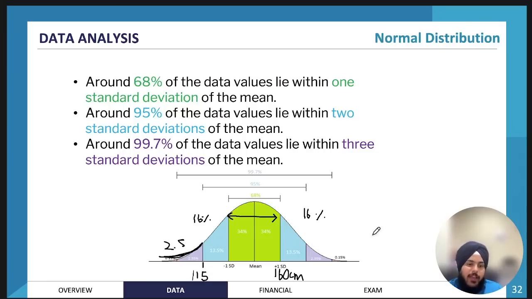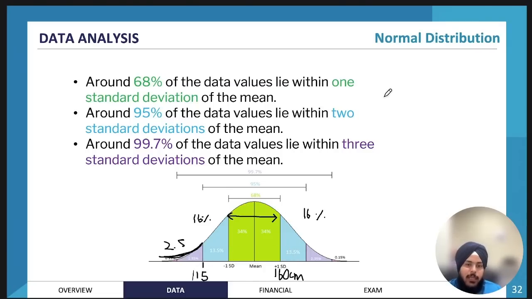Now there are two ways. You can either use the z-scores to do this question a little bit more easily, or alternatively, we can just work out what we need to add consistently to get to 160. So we have 1, 2, 3 intervals.